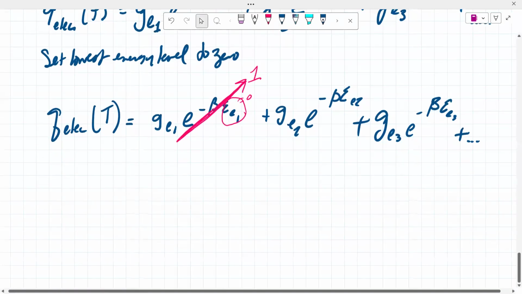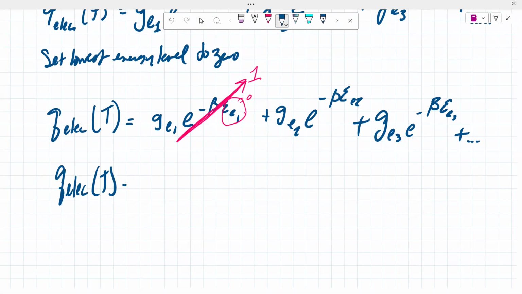So then we can simplify. Equals g1, right? Because all this went away.